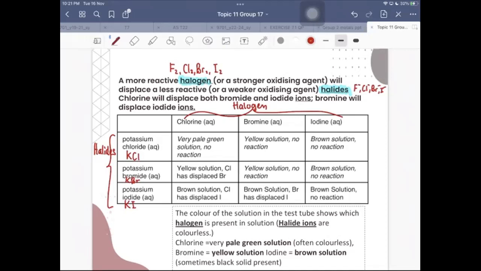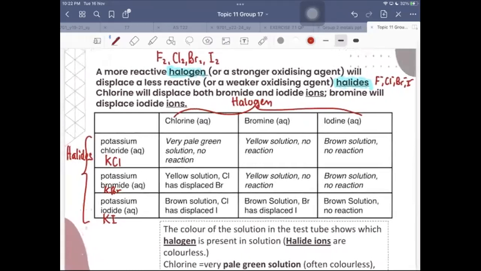Right. So what happens is chlorine, aqueous chlorine, is pale green in color originally, whereas bromine is a yellow colored solution, very light. Why is it not brown, as I mentioned earlier on? Because that's bromine Br2 as a liquid.